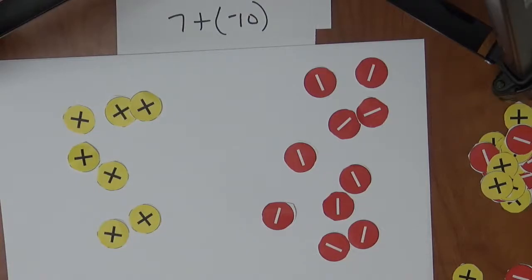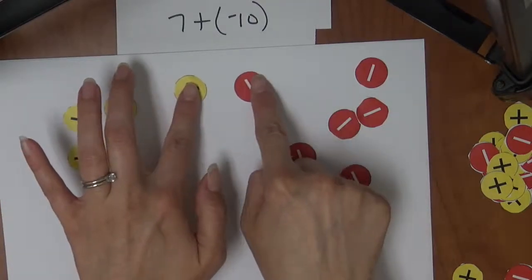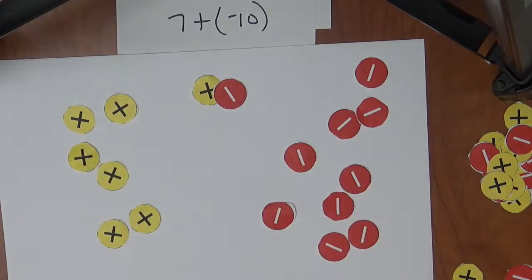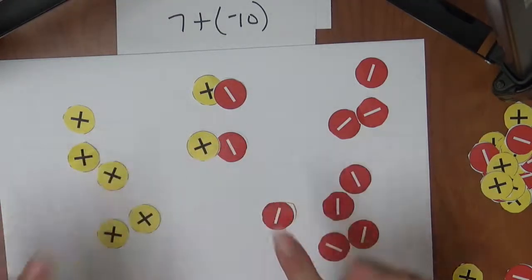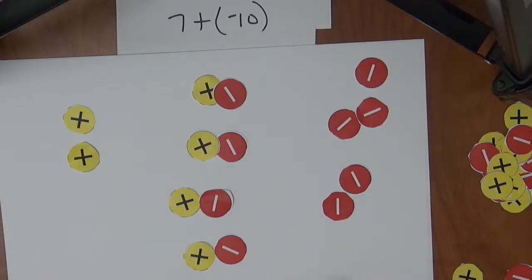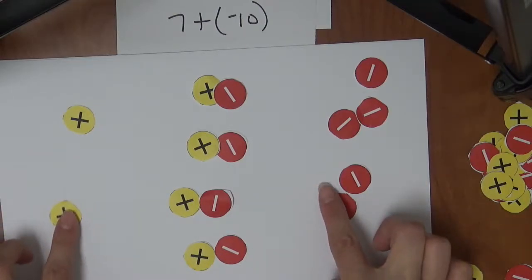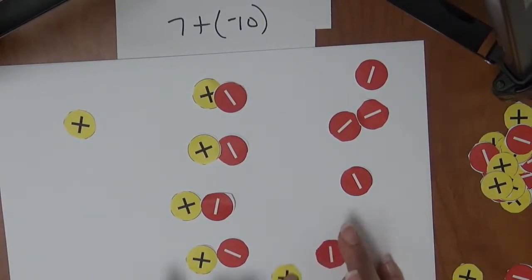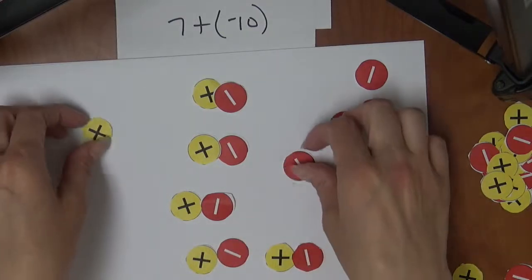I know I can rearrange them however I need to, so let's start matching up a positive and a negative. That's 0. There's a 0. There's a 0, a 0, a 0. Get all my zeros together. There's a 0, and there is a 0.